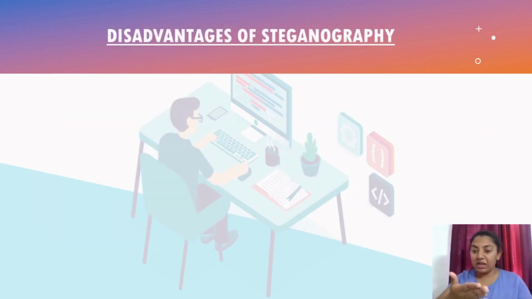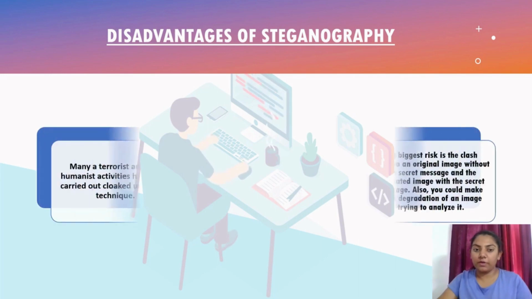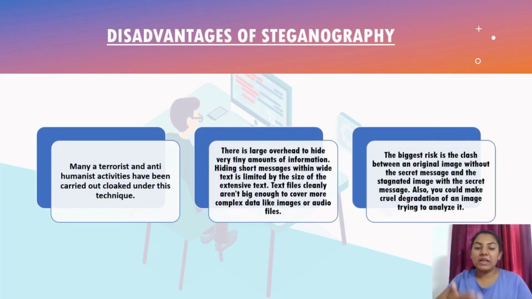Now let's analyze the disadvantages of steganography. Many terrorist and anti-humanist activities have been carried out cloaked under this technique. Next, there is a large overhead to hide very tiny amount of information. Hiding short messages within wide text is limited by the size of extensive text.